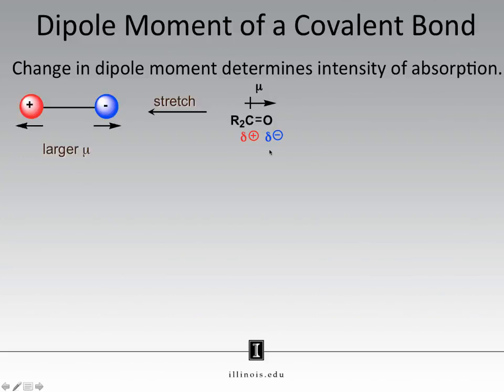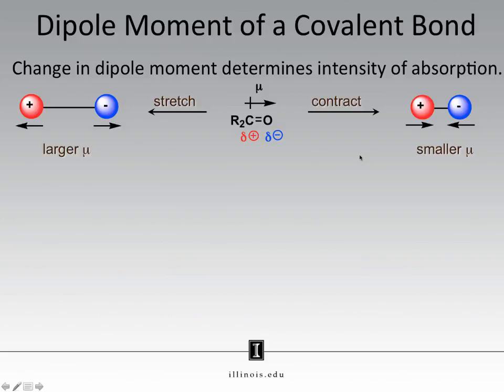As you stretch the partial positive and partial negative charges away from each other, you get a larger dipole moment. In contrast, if we contract or compress our bond like a spring, we move those partial charges closer together, therefore resulting in a smaller dipole moment.